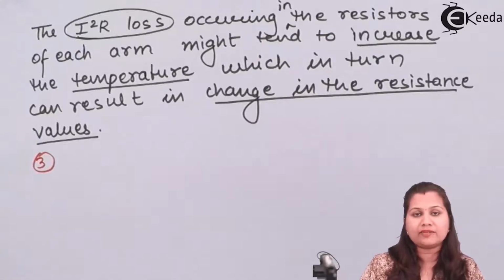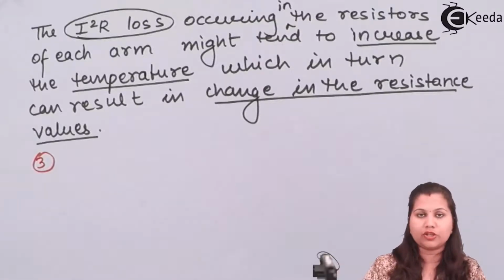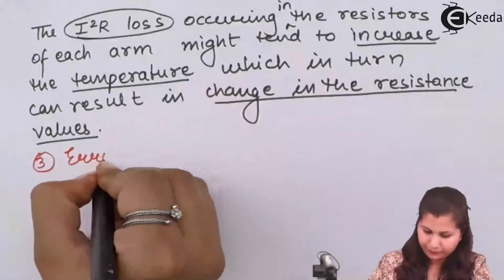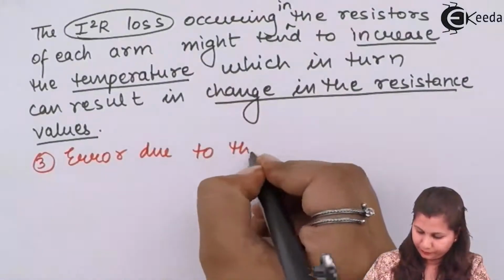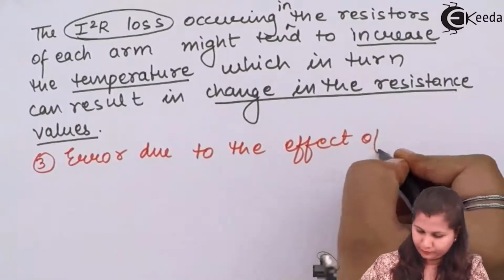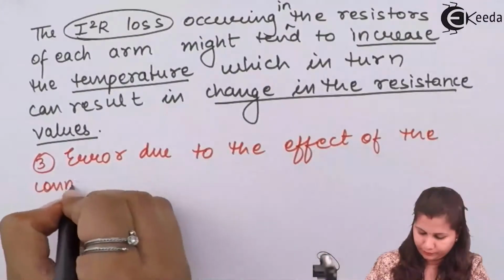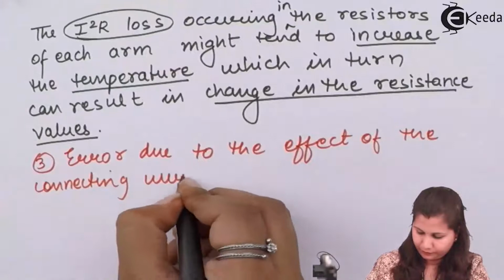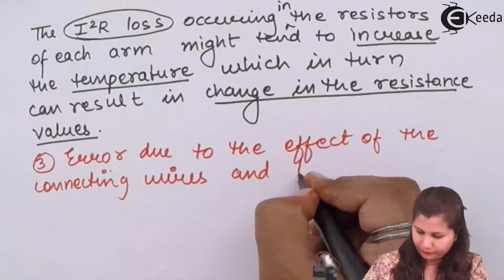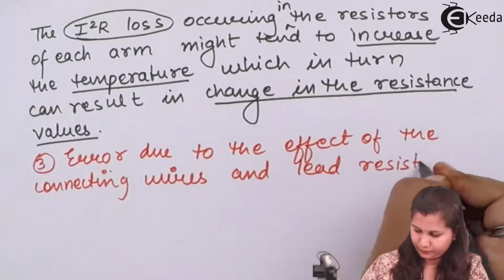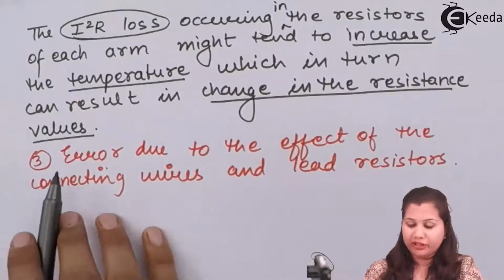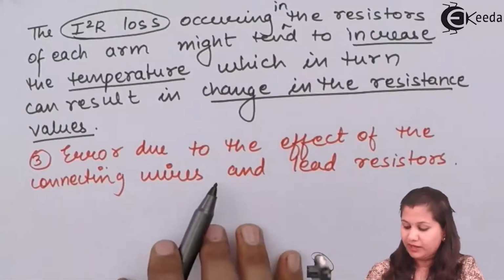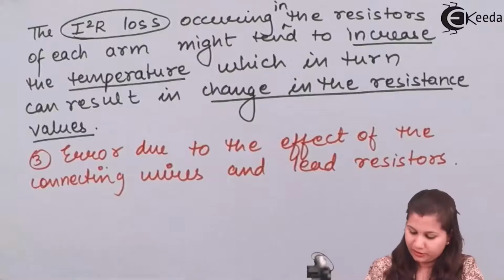So that resistance value will be added to the value of the unknown resistance, and due to that, error will occur. So the third type of error is due to the effect of the connecting wires and lead resistors.